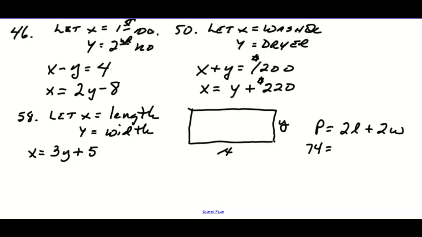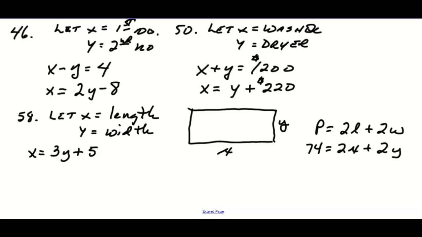And our length was x, plus 2 times our width, and our width happened to be y. Oops, I'm sorry, forgot to put the little 2 in there. Let's erase that. It's 2 times y.